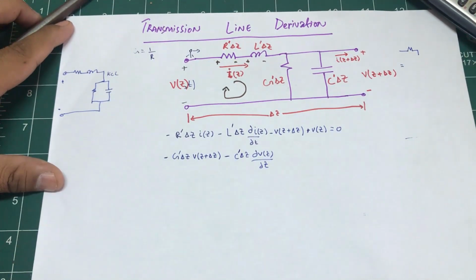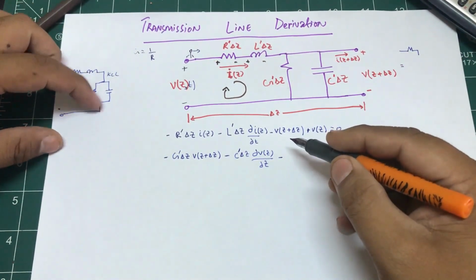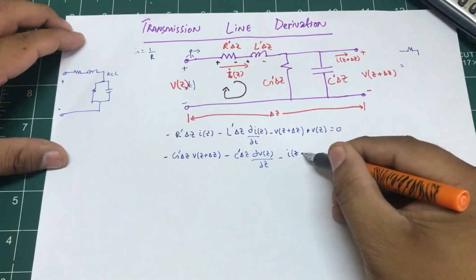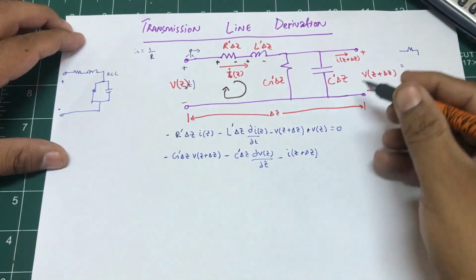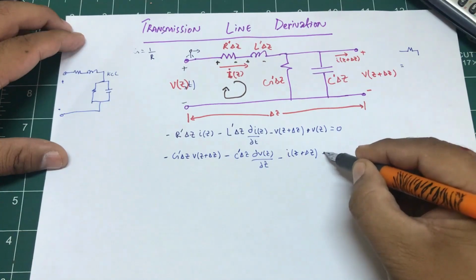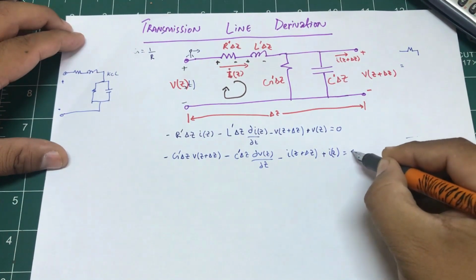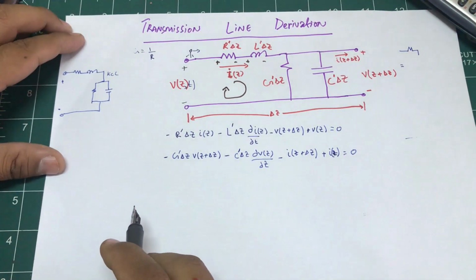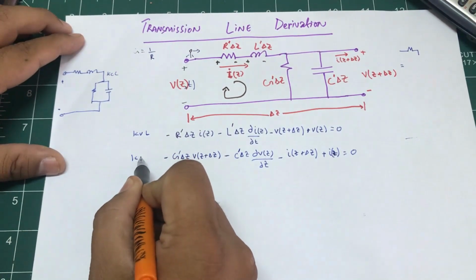All right, minus I have I of Z, the current that is coming out of here, I of Z delta Z, then the total current which is flowing through my circuit plus I of Z is equals to 0. Whole thing equals to 0. All right. So this is through KVL and this is through KCL.